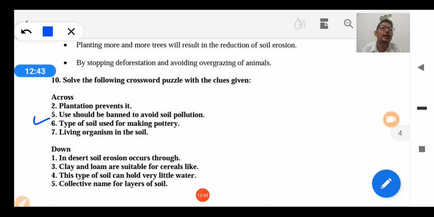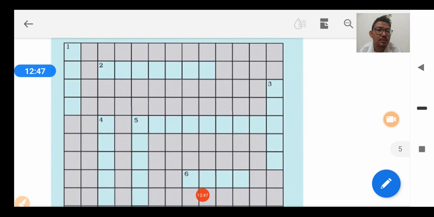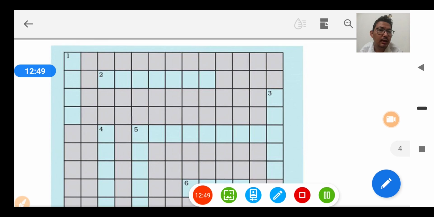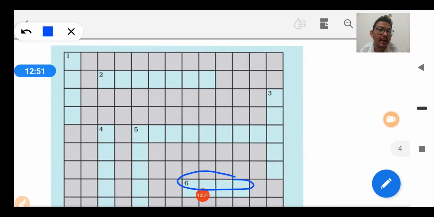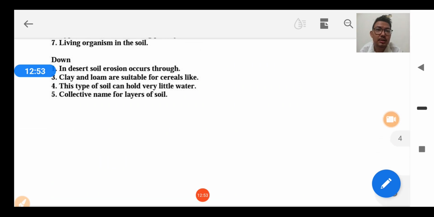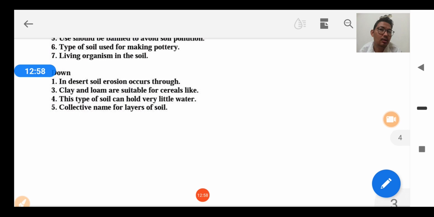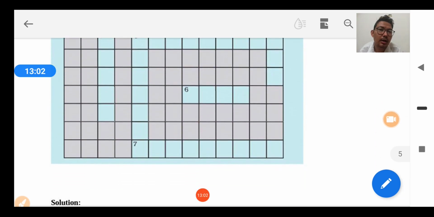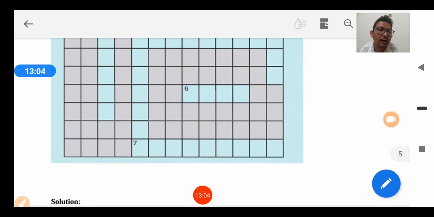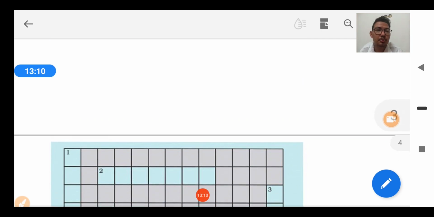It is clay soil. So here in 6th you will write clay soil. And next is living organisms in the soil. So the living organism in the soil that should come here is earthworm. So this is the correct option.